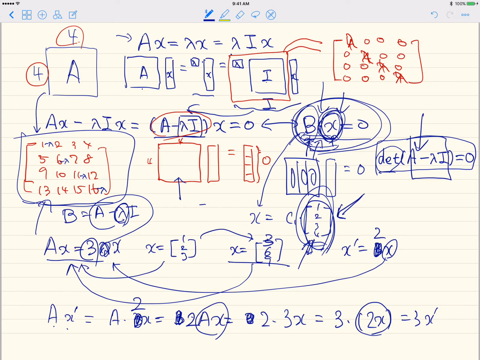After multiplying all the things, the resulting determinant is always a scalar. So this part is a scalar, and this 0 is essentially a scalar. It's not a vector or something like that. So this one gives us some polynomial equation.